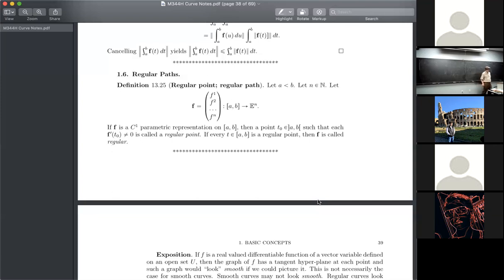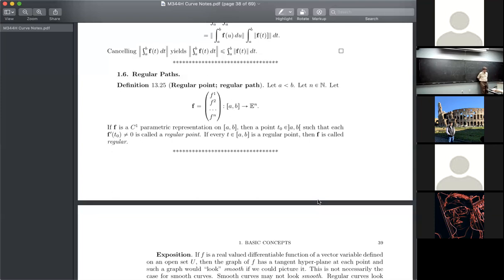So on the bottom of page 38, I have the definition, the section called regular, because there are times when we need to distinguish between curves that have corners and curves that don't. The thing that characterizes a regular point of a curve, first of all, is that the function describing the curve is differentiable, and the derivative is continuous.